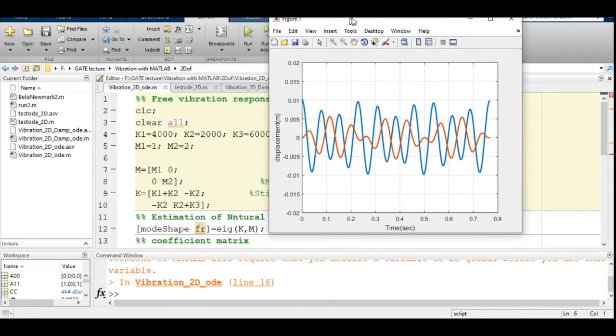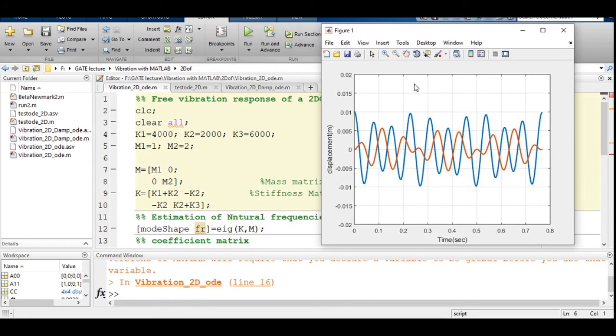And this is the response of your system. You can see here that the blue line corresponds to the displacement of the first mass and the red line corresponds to the displacement of the second mass. Now you can observe that this is not a pure harmonic wave. Instead, this is a periodic wave, and that is expected because the system is vibrating freely.